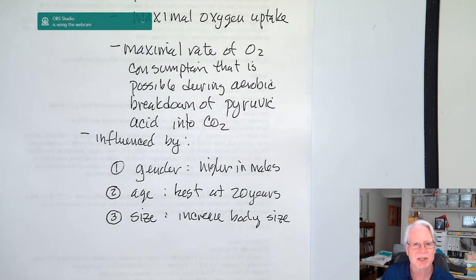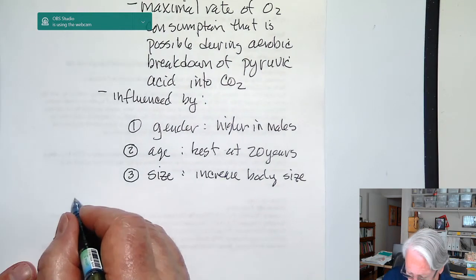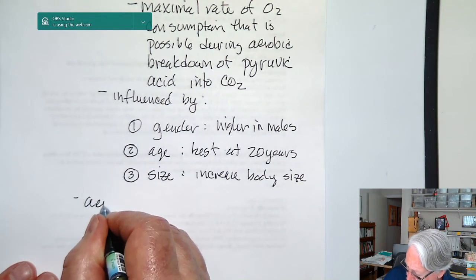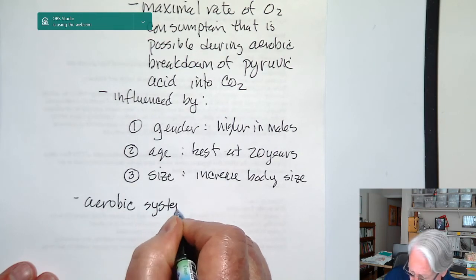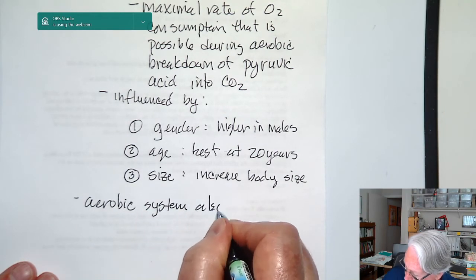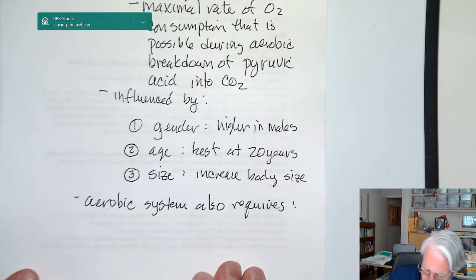All right, let's look at this from another angle. What does this system, aerobic, what does the aerobic system need besides oxygen? Okay. So the aerobic system also requires some other things. All right.